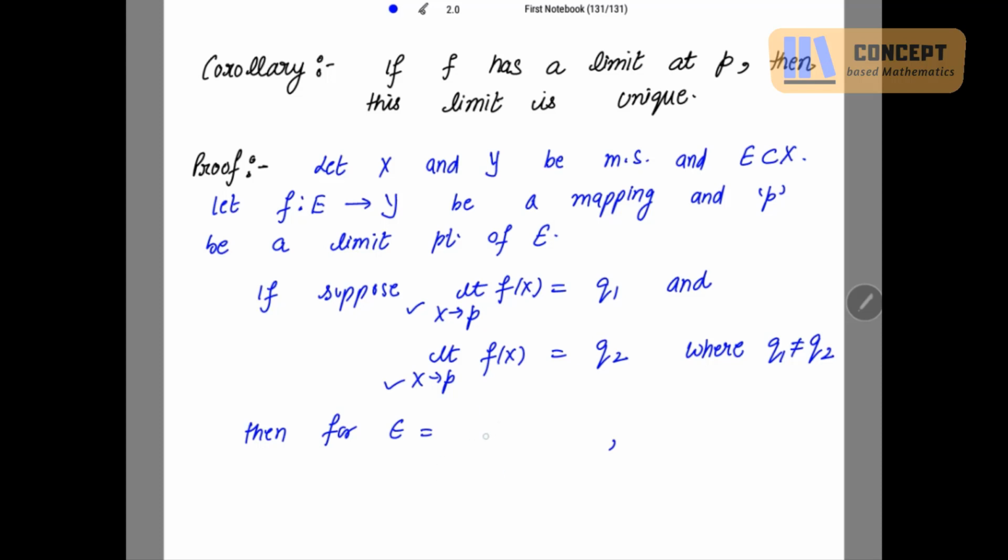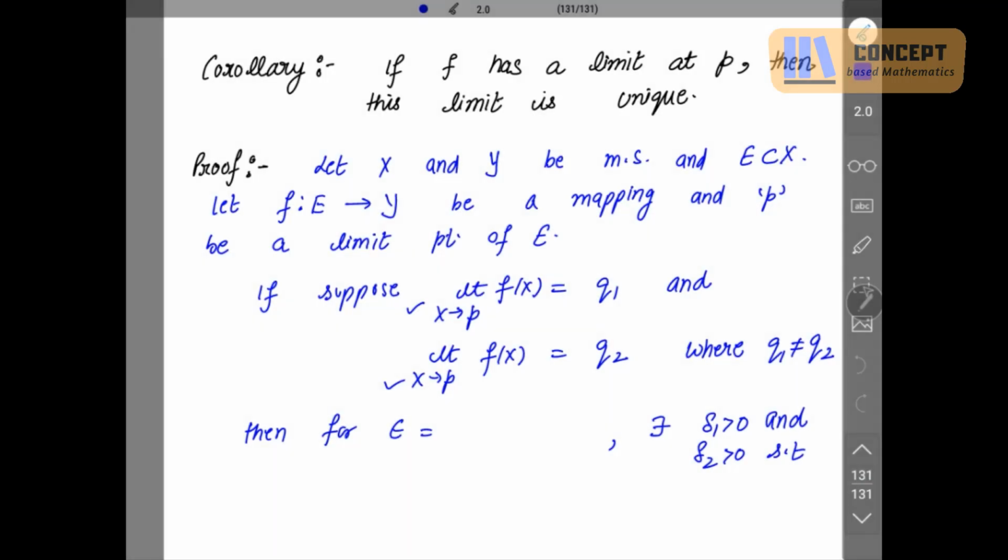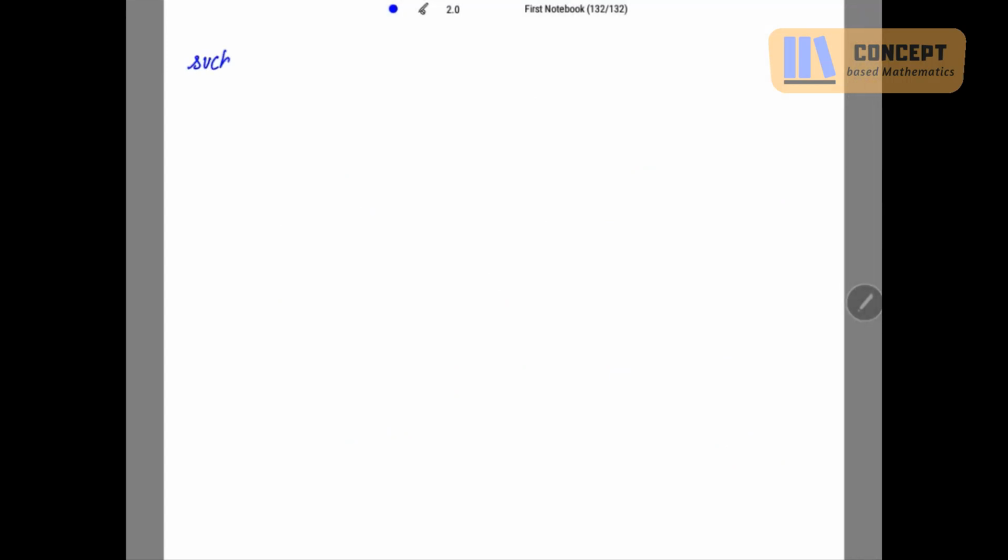For epsilon positive, there exist delta 1 positive and delta 2 positive such that the distance in Y of f of x comma q1 will be less than this epsilon.